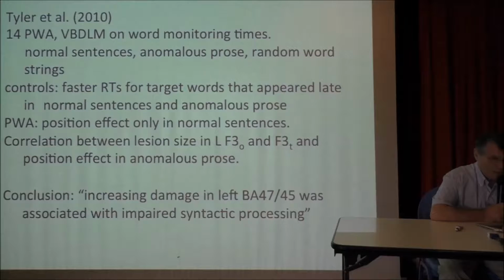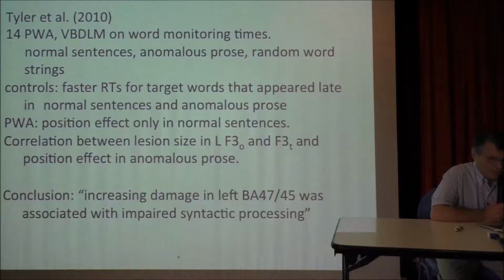As you go through a real sentence or a sentence with anomalous prose, you get better at predicting upcoming items in a real sentence, both syntactically and semantically, and in anomalous prose syntactically, and your ability to monitor, to identify that a target has shown up, gets faster.